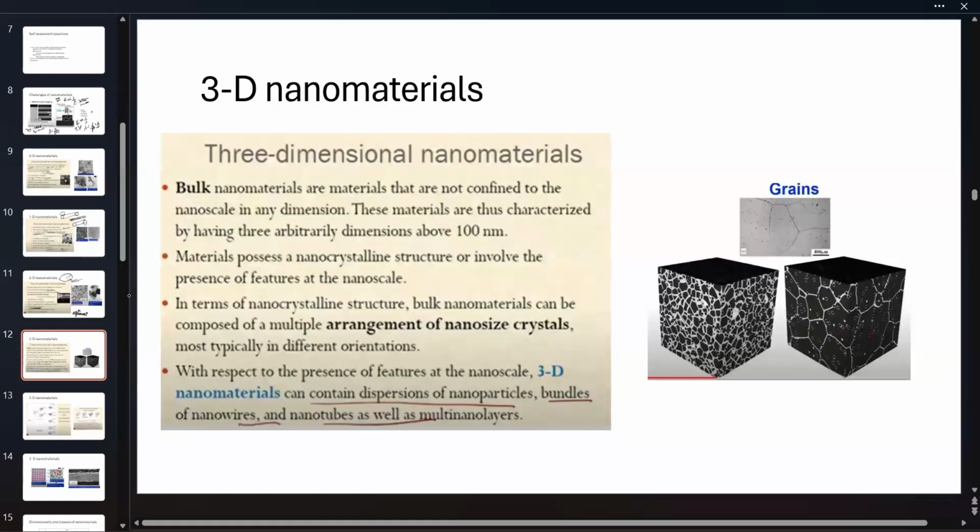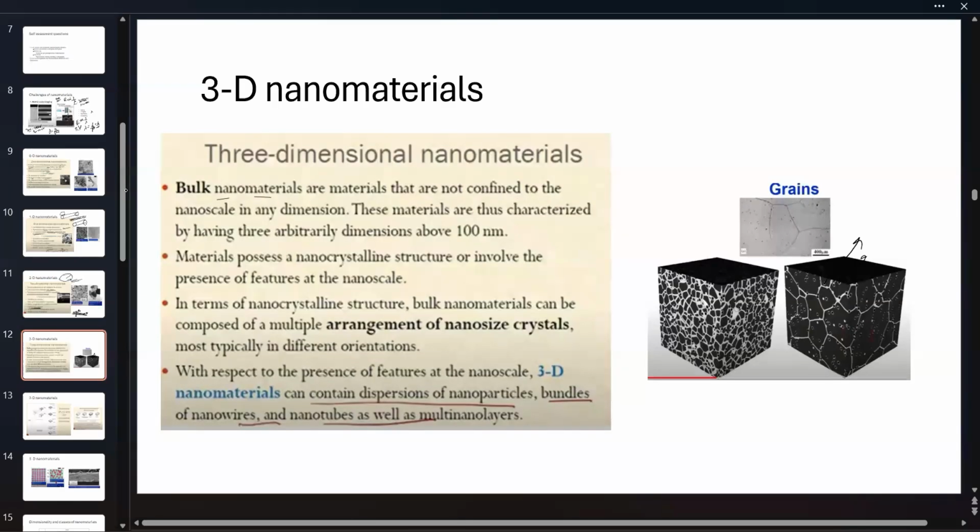Or you can have nanoprecipitates or nanoadditives, particles in the nanometer scale, providing strength or any other property you want. So three-dimensional or bulk nanomaterials are mostly composites. The material possesses a nanocrystalline structure or involves features in the nanoscale.